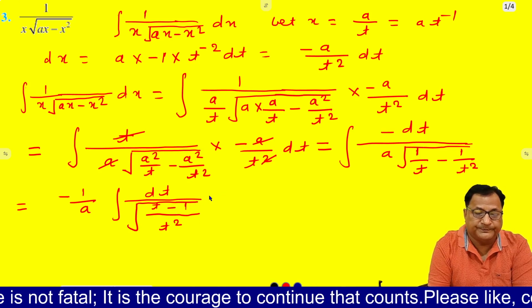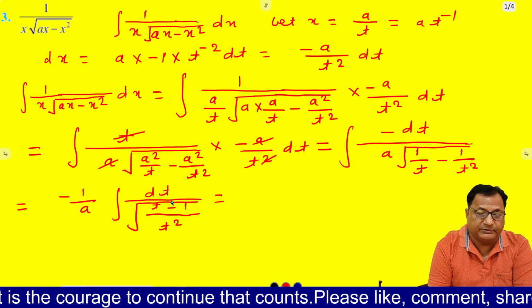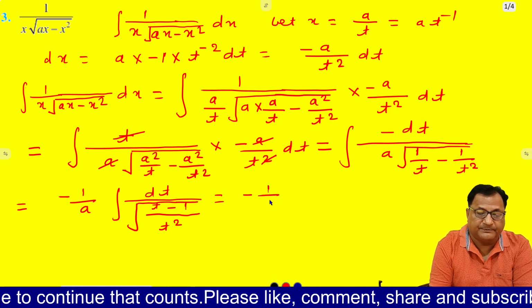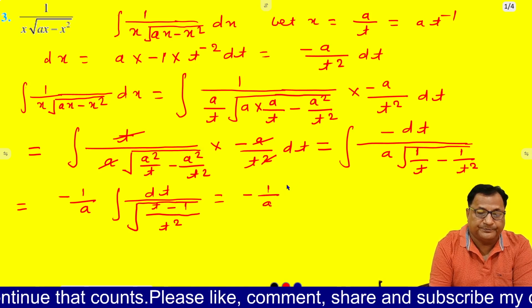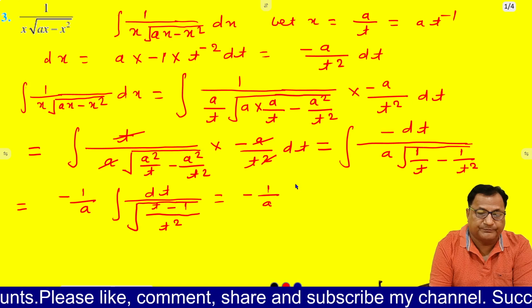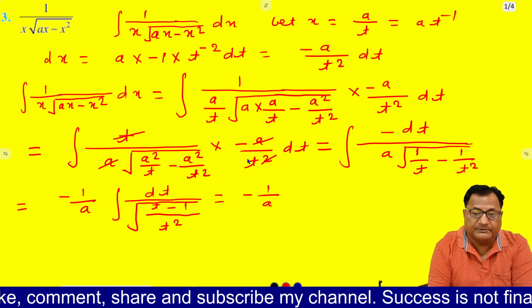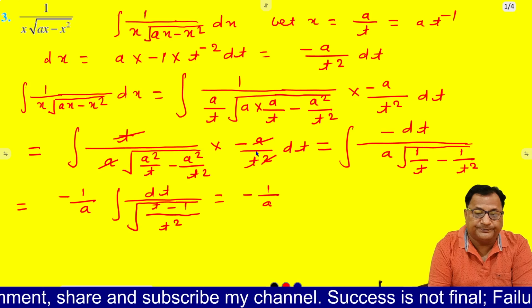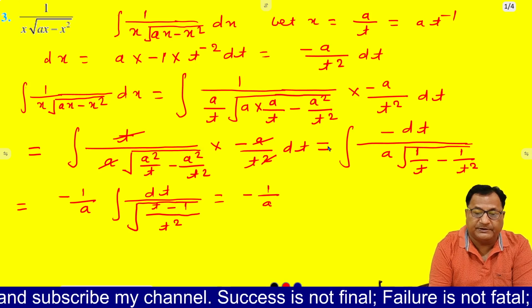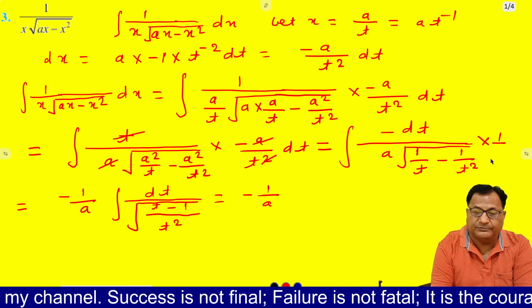The square root of t square will be t, and t will go up. So minus 1 by a, remain t minus 1, and t will remain here, so write 1 by t also.